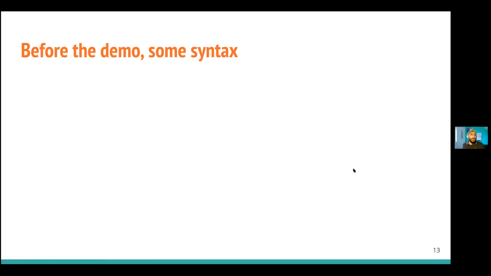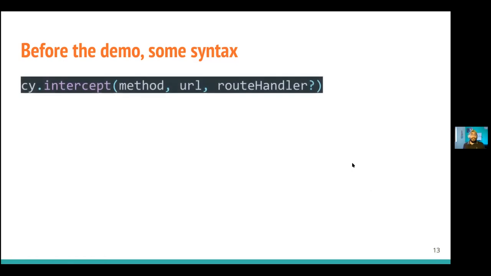Cool. So I'm going to show you the most basic syntax for the intercept command, and then I will show you the code where it becomes more clear. The code is very simple. It says cy.intercept, and I usually use this format of the function. You pass in a method.